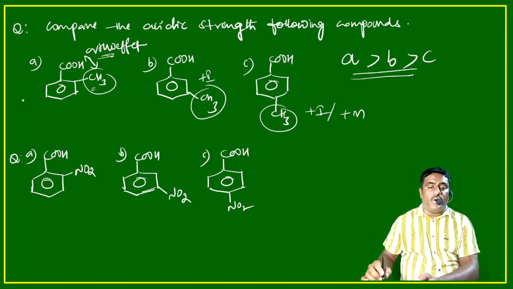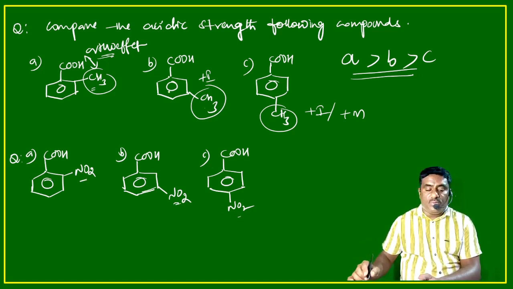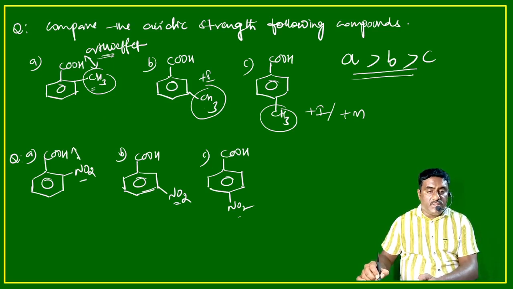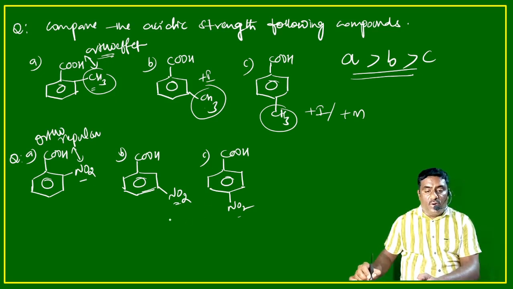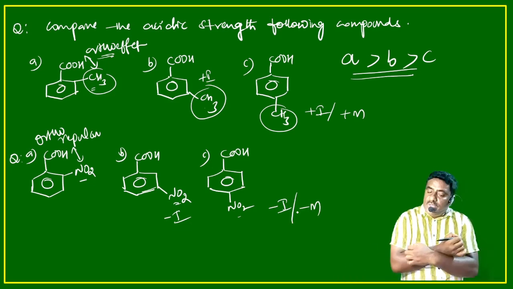Have a look at the second one. Here is benzoic acid with an NO2 group. NO2 is an electron withdrawing group. Here also the COOH and NO2 repel, so it undergoes the ortho effect. It undergoes a negative inductive effect and a negative mesomeric effect.